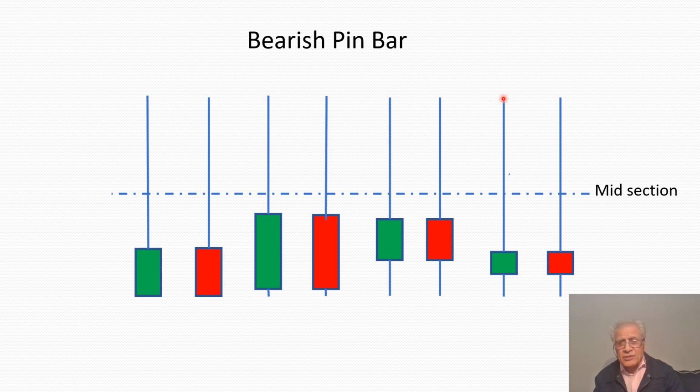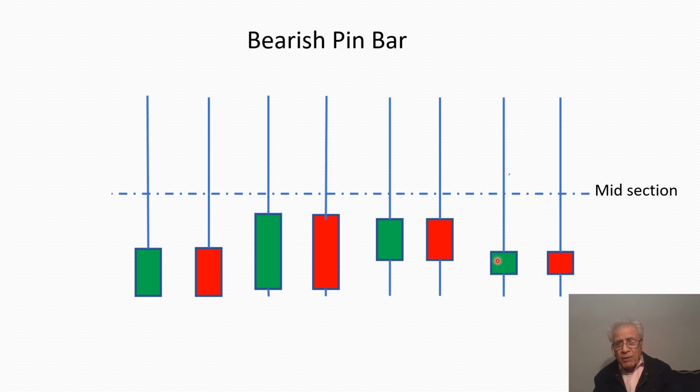The buyers reject the seller's price and push the price down, down and down all the way here and close the price here. What it means is that there is so much selling pressure in this pin bar, selling power.